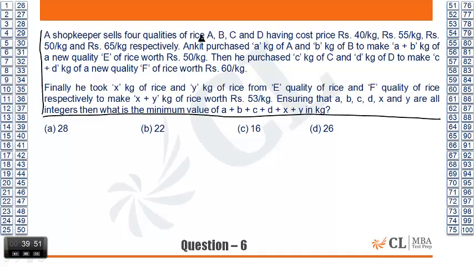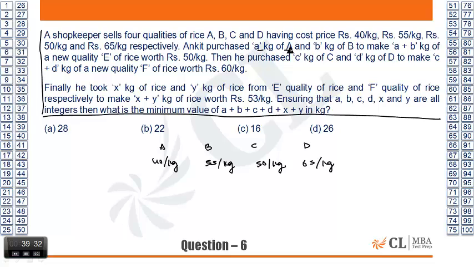A shopkeeper sells 4 qualities of rice A, B, C, D having cost price 40 per kg for A, 55 per kg, 50 per kg, and 65 per kg.